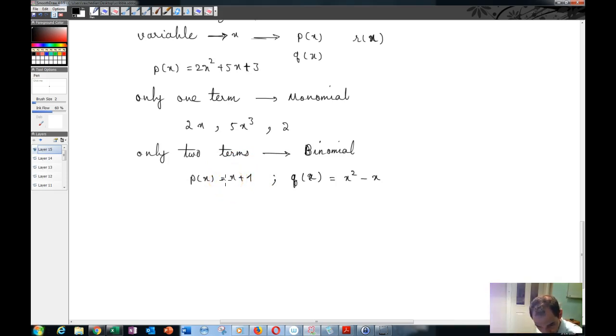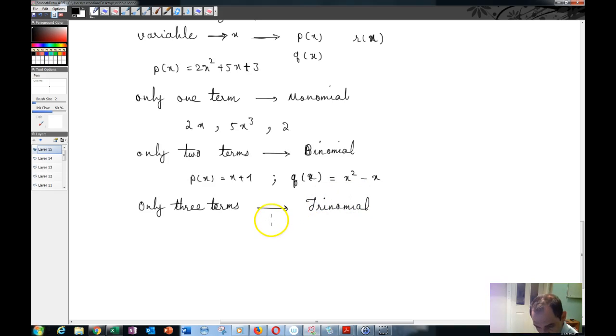And there is also something called a trinomial. If your polynomial has only three terms, then that polynomial is called a trinomial.